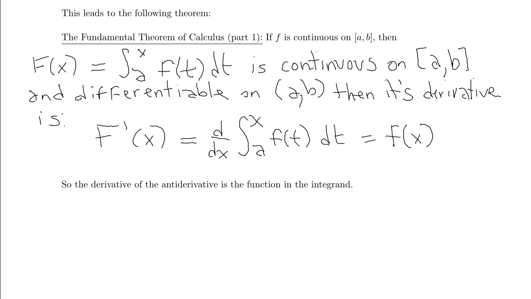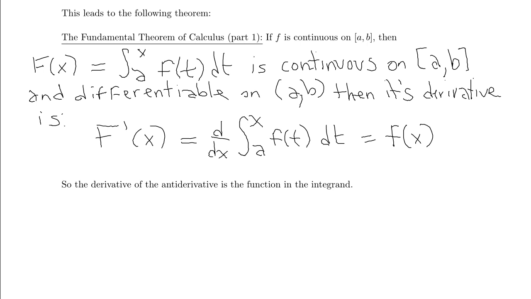And this theorem is telling us that this derivative is actually the original function evaluated at x, so little f of x. What this is showing us is that there is a very strong relationship between the antiderivative and the area, so the definite integral, right? So the derivative of the antiderivative is the function in the integrand. It may look like we just did nothing, right?